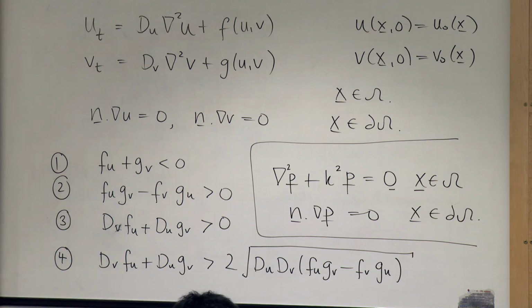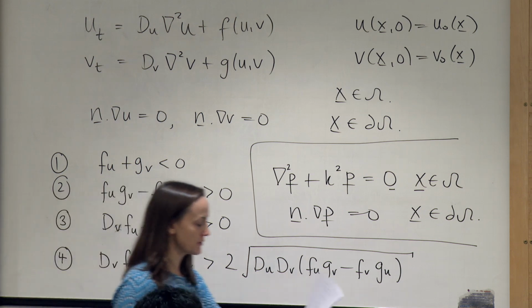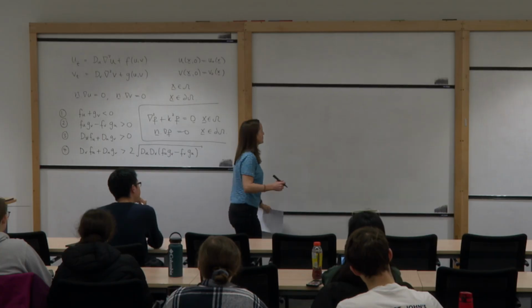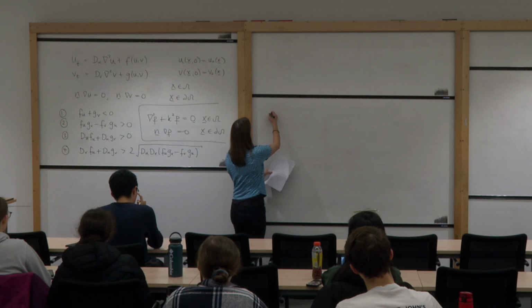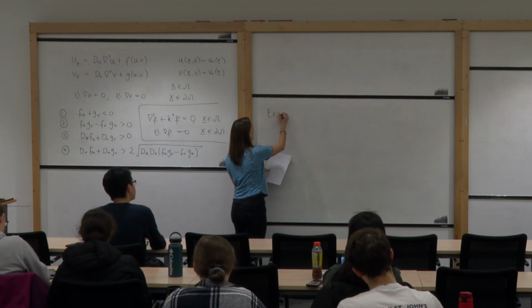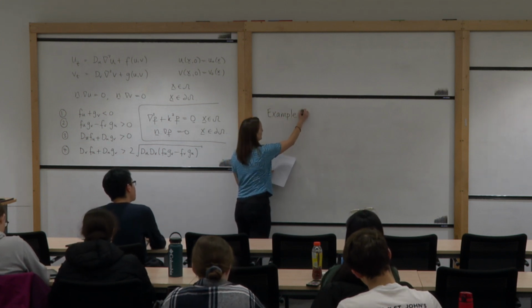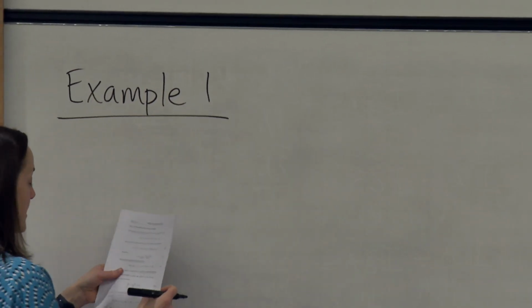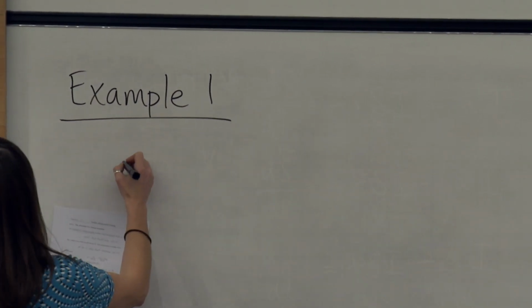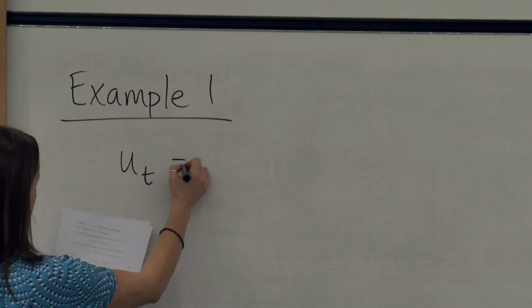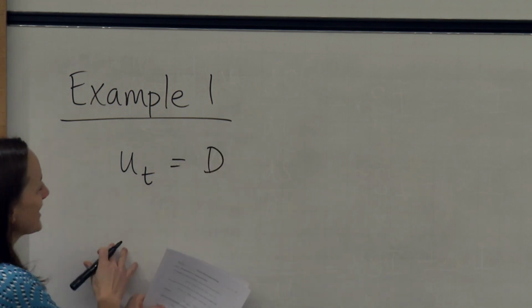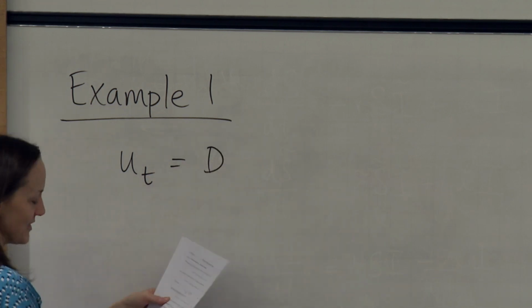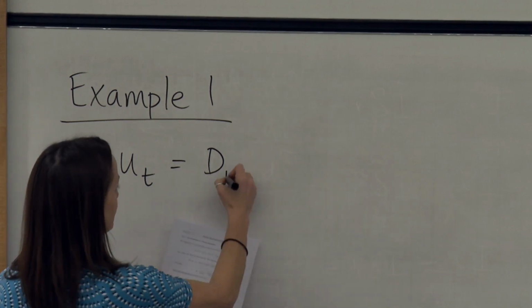Okay. All right. So in example 1, we're going to go to one dimension, sticking with fairly generic coefficients for the moment, with generic reaction kinetics.